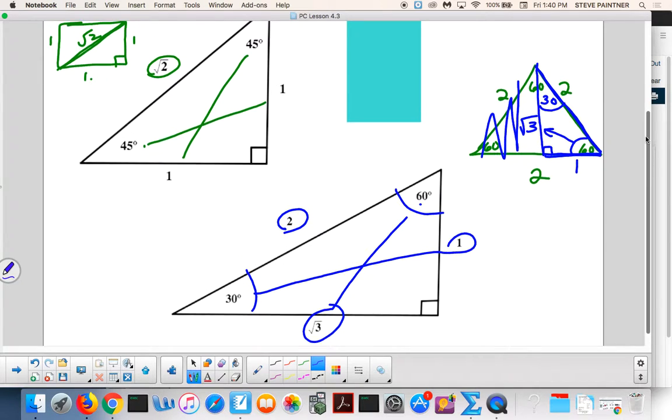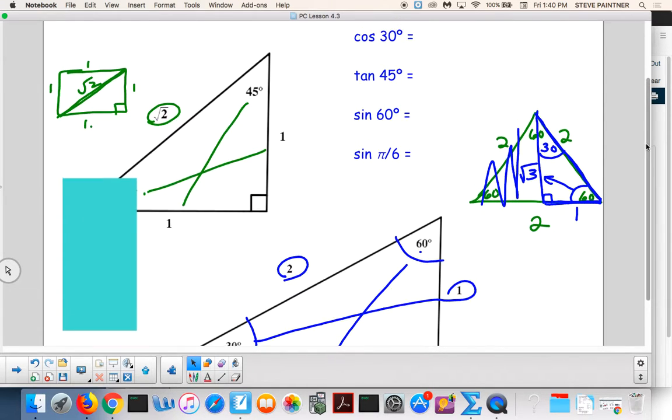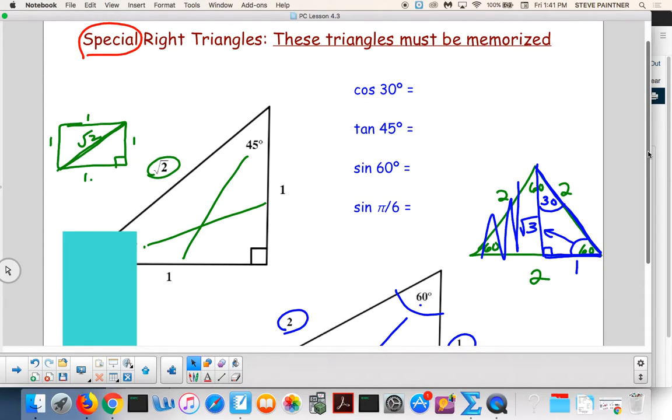So now answer these questions up here in the box, which you can't see. These triangles must be memorized, and they should already be memorized from last year. Cosine of 30, tangent of 45, sine of 60, and sine of pi over 6.